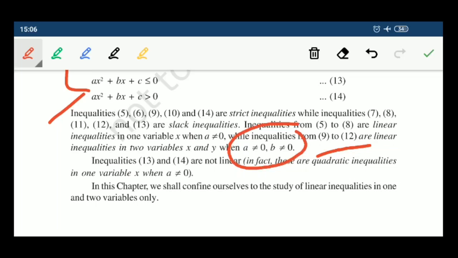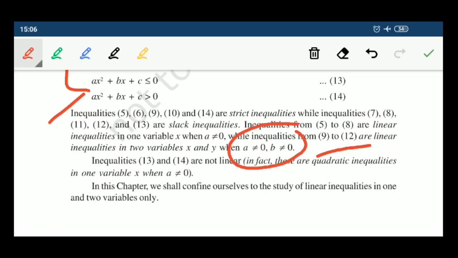Now we will discuss the rules for solving inequalities. These rules are also the same as the rules we have used for solving linear equations. See the first rule: equal number may be added or subtracted from both sides of an inequality without affecting the sign of inequality.